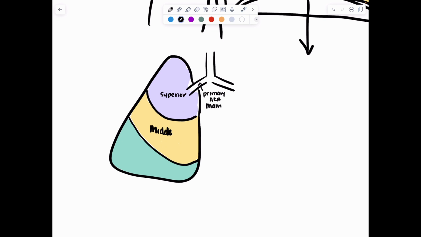And then our secondary, we have ones that go here, one that's going to come here, and then one that's going to come down to here. Those secondary bronchi are also known as lobar. So they're bringing it to the lobes. And then from there, our tertiary are known as segmental because they segment out from that within the lobe.